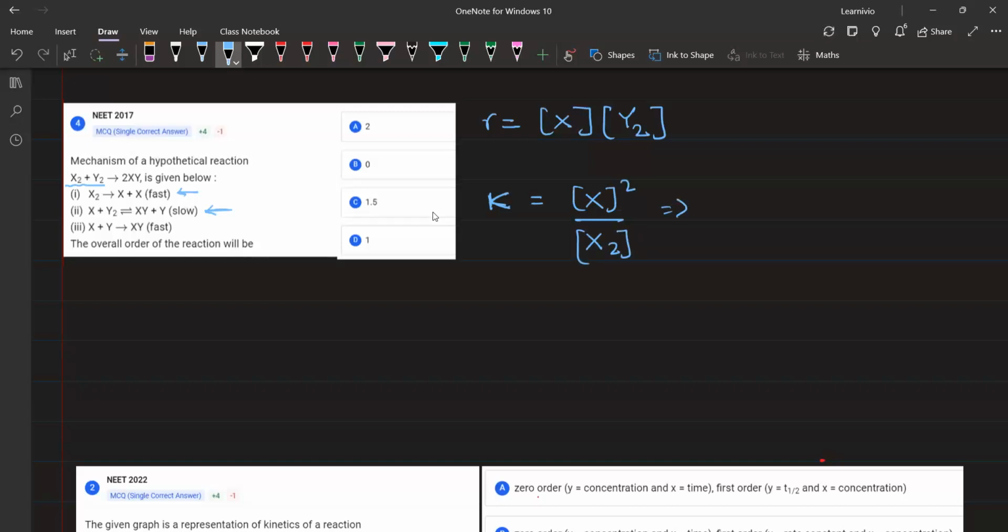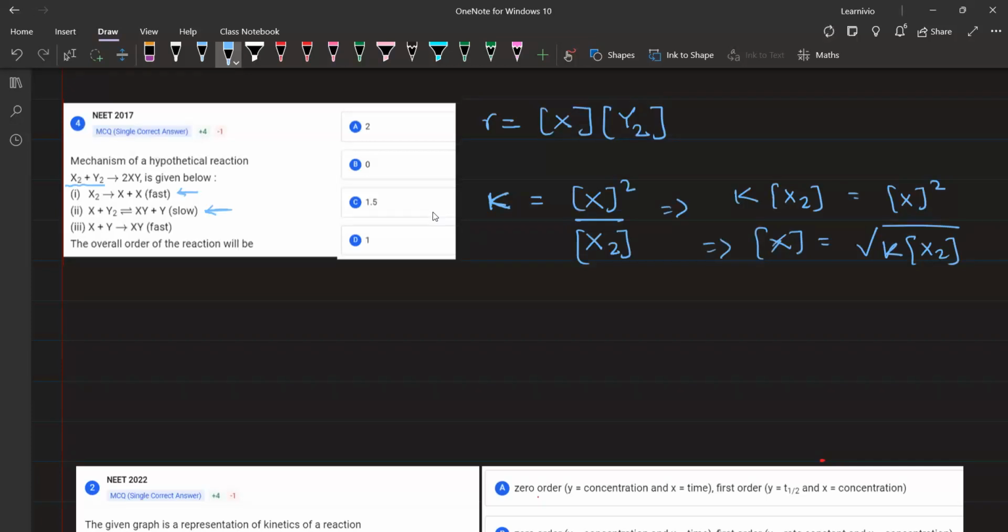So K into the concentration of X2 is equal to the concentration of X squared. Therefore, the concentration of X will be equal to root over K into the concentration of X2.